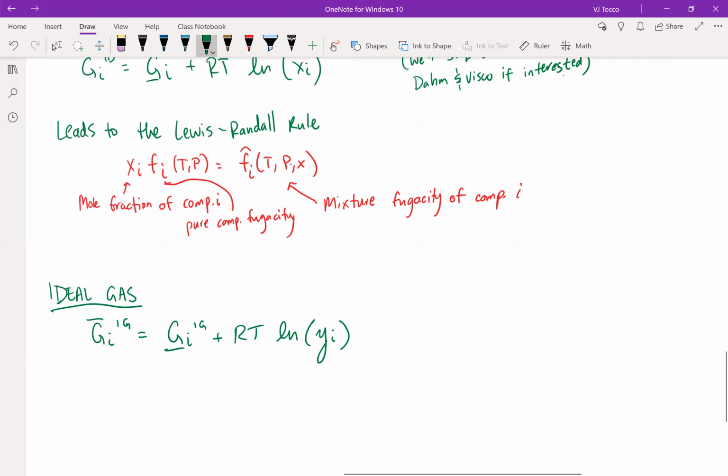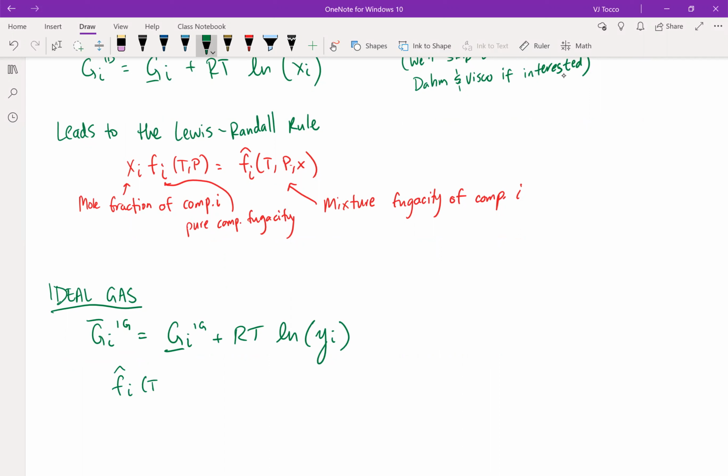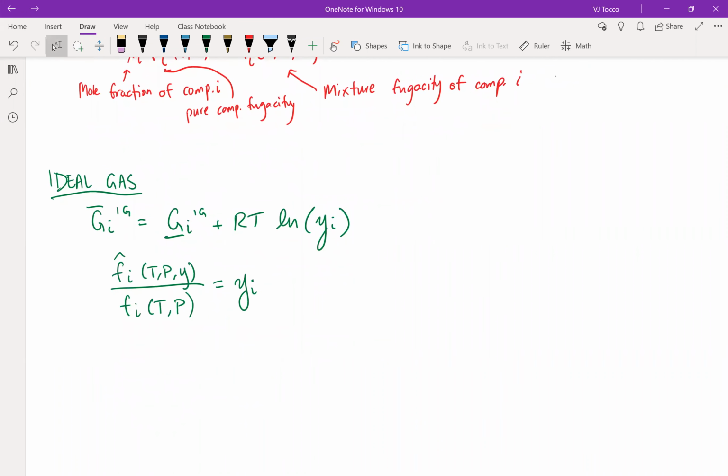So we can say the same exact thing where we can say that the F hat, the mixture fugacity of component I, function of TP and X, TP and Y, over Fi, T, and P is equal to Yi. Now, since for an ideal gas, the fugacity is equal to pressure, I'm going to replace this by pressure.